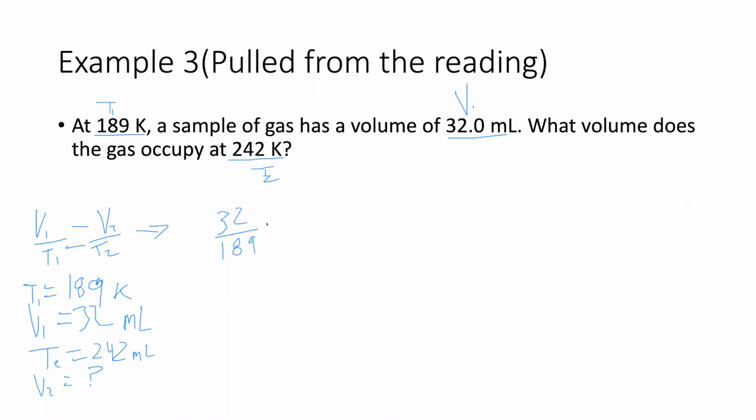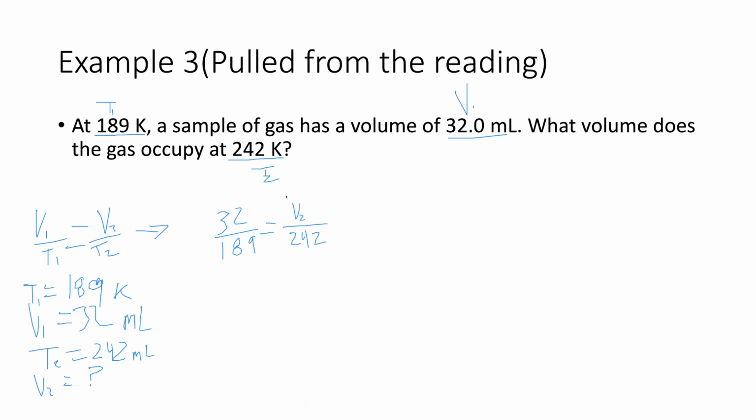And we're going to set that equal to, we don't know V2, so we're simply going to write V2 divided by 242. So this is our problem. We're trying to solve for V2. And so what do we do?